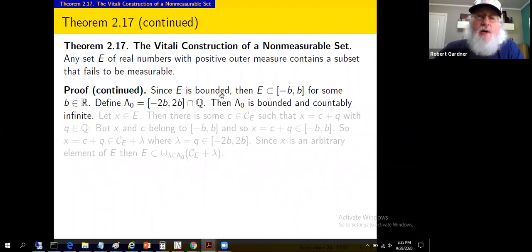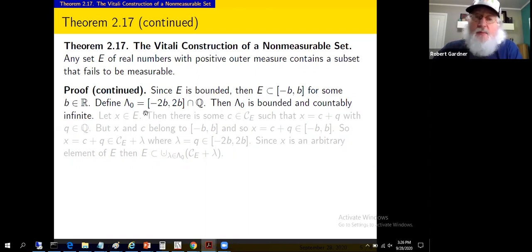Okay, we assumed set E was bounded. Well, without loss of generality, we can assume that set E is bounded. Say it's a subset of the interval from negative b to b, for some positive b. Define lambda sub 0. We said on the previous slide that lambda sub 0 could be any countably infinite bounded collection of real numbers. So let's take it to be the collection of rational numbers between negative 2b and positive 2b.